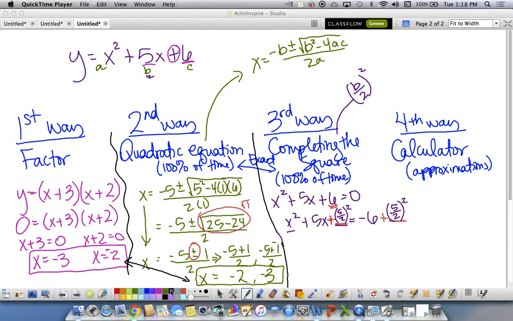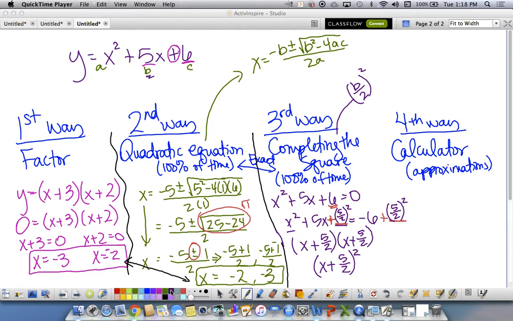So when I factor this, it will always factor to x plus b over 2 times x plus b over 2, which is really x plus b over 2 squared. I just made the left side be a perfect square.